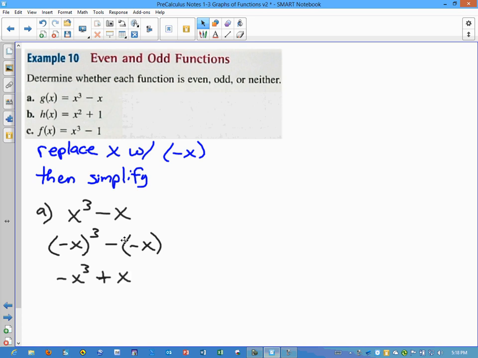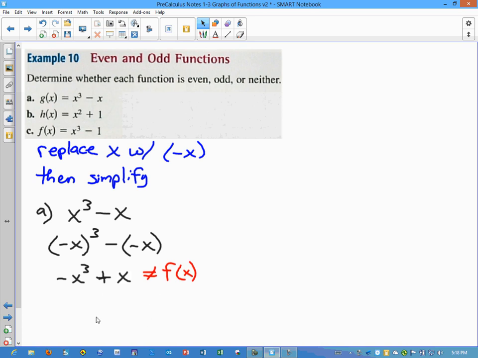An even number of negatives is always going to be positive, and an odd number of negatives will always be negative. So after I simplify, I get this, and the first thing we do is compare it to our original function. And here it is not equal to our original function. If it is equal to the original function, then it will be even. However, it's not equal to the original function, therefore it is not even.